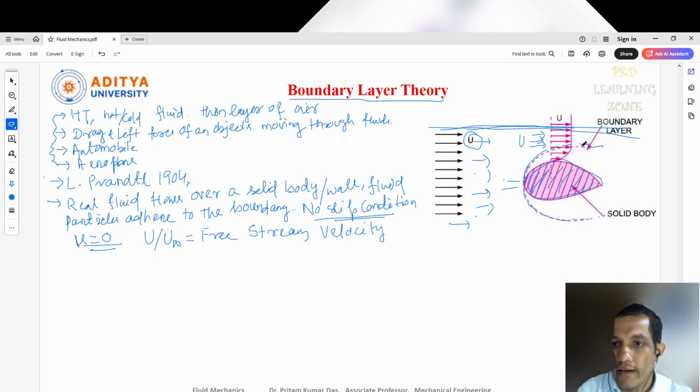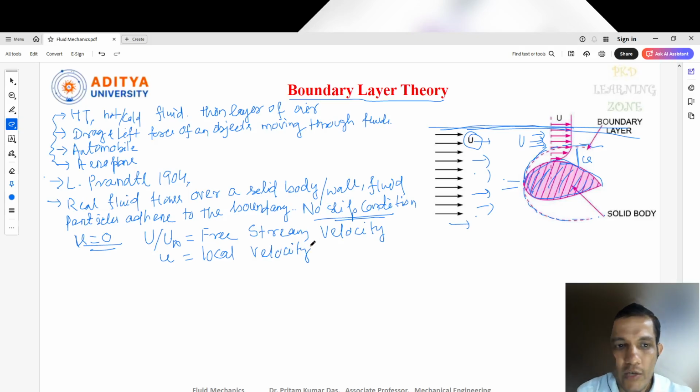And the velocity which is present between the surface and this layer is called small u, or we can say this is local velocity.